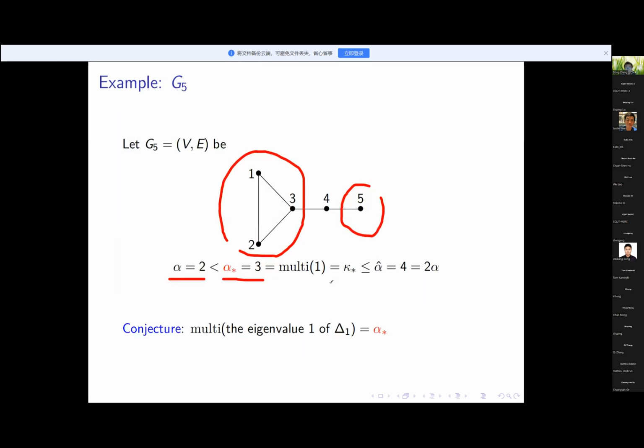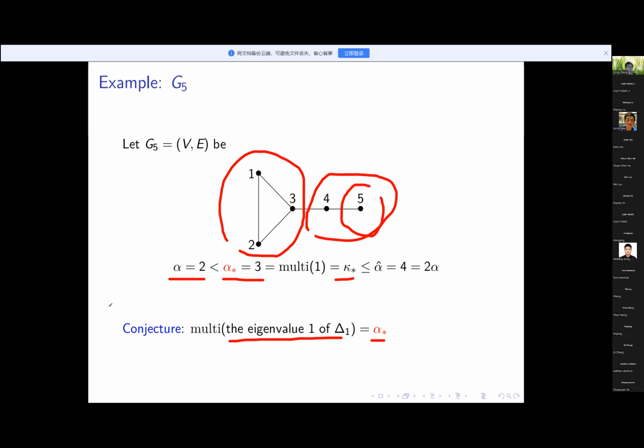And similarly, we can prove that K star is also 3, because we can find a clique of order 3 and a clique of order 2 to cover the vertices of the graph. And I conjecture that the multiplicity of the eigenvalue 1 of the 1-Laplacian is nothing but the alpha star.